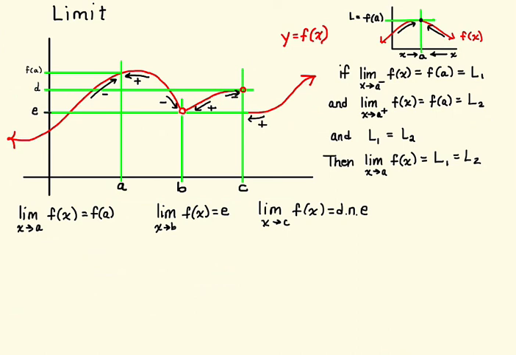It must satisfy three criteria. Again, for a limit to exist, the left-hand limit has to exist, the right-hand limit has to exist, and the left and right-hand limit must be equal. And if that is true, then we say that the overall limit exists.